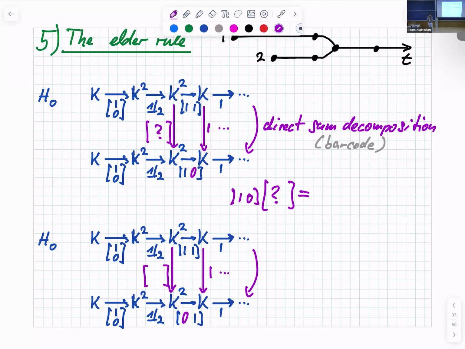So that should lead to 1, 1. That's good? So I'm looking for an invertible matrix such that multiplied with 1, 0 on the left gives me 1, 1. Okay?